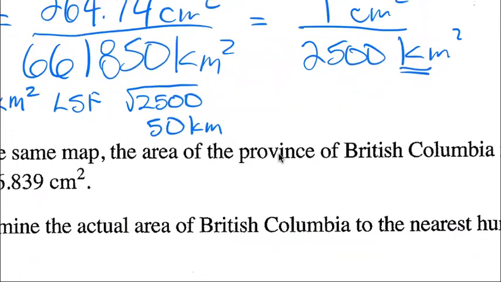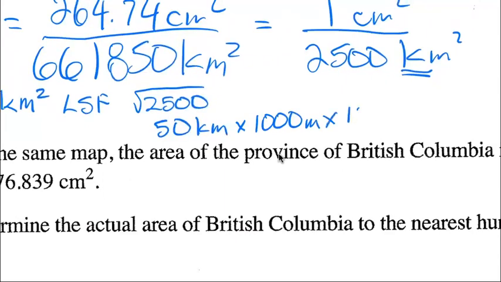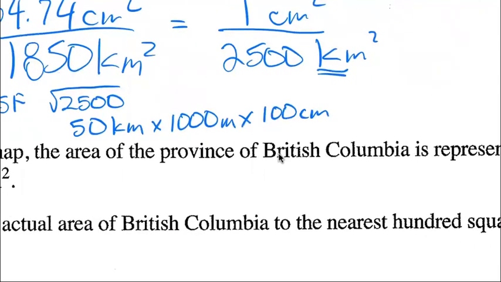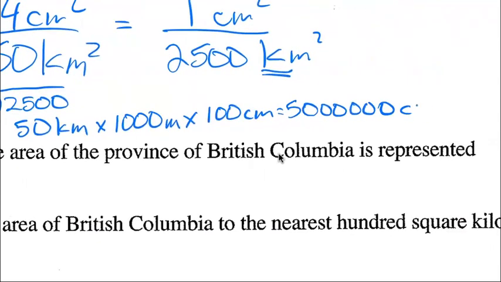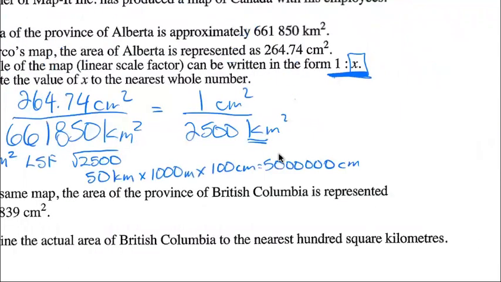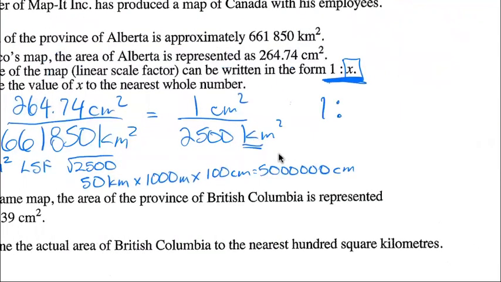Well, in every kilometer, there are 1,000 meters. And in every meter, there are 100 centimeters. Okay. And when I multiply that out, I get, what is that, 5 million? 5 million centimeters. So the scale on the map is 1 to 5 million. So that's what x is.